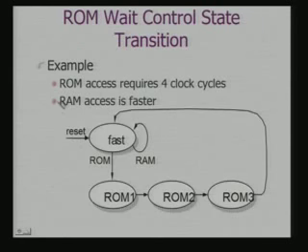Now, let us take an example, where ROM access requires 4 clock cycles and the RAM access is faster. Obviously, in this case, the control logic for the bus transaction has to be captured by this FSM. So, this FSM is actually going to implement the control logic.